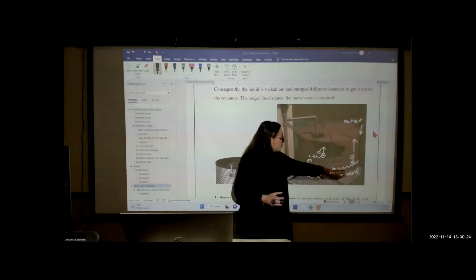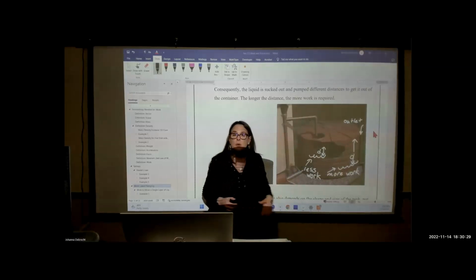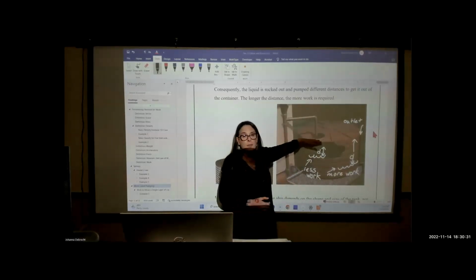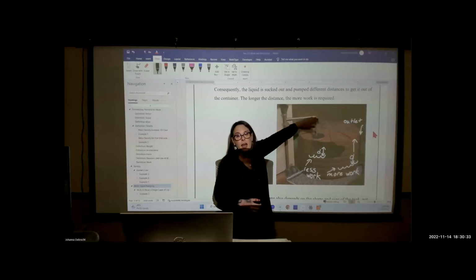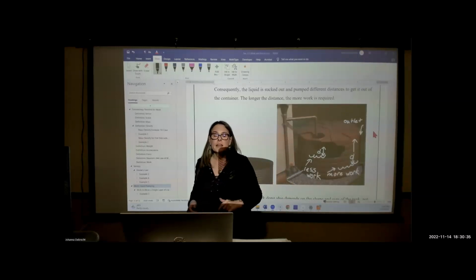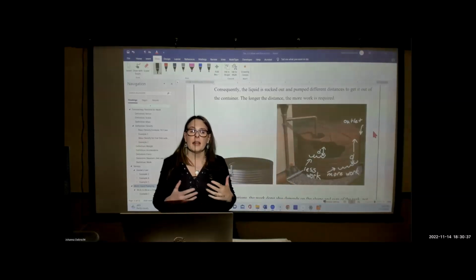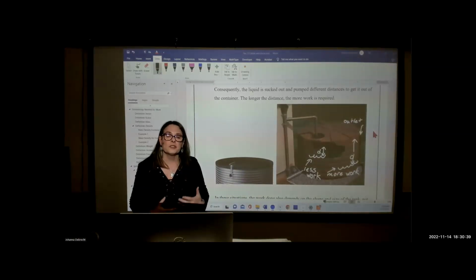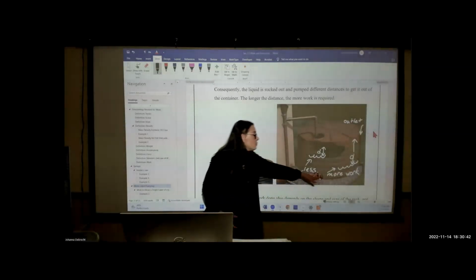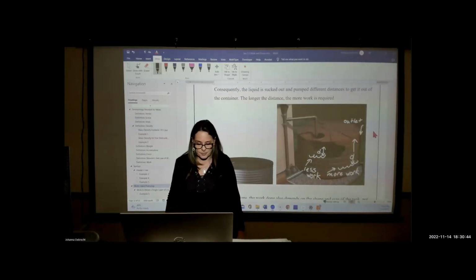Now, if we were moving water out that was at a lower level, it would have further to move just to get to the top of the tank, plus the height of the pipe above the tank. So this would create an instance of more distance, resulting in more work to move the lower layers of water.